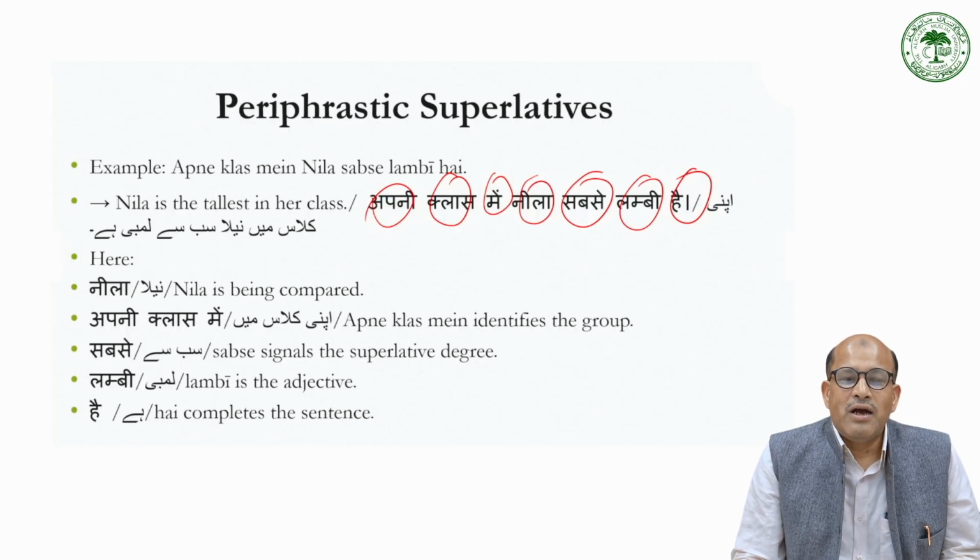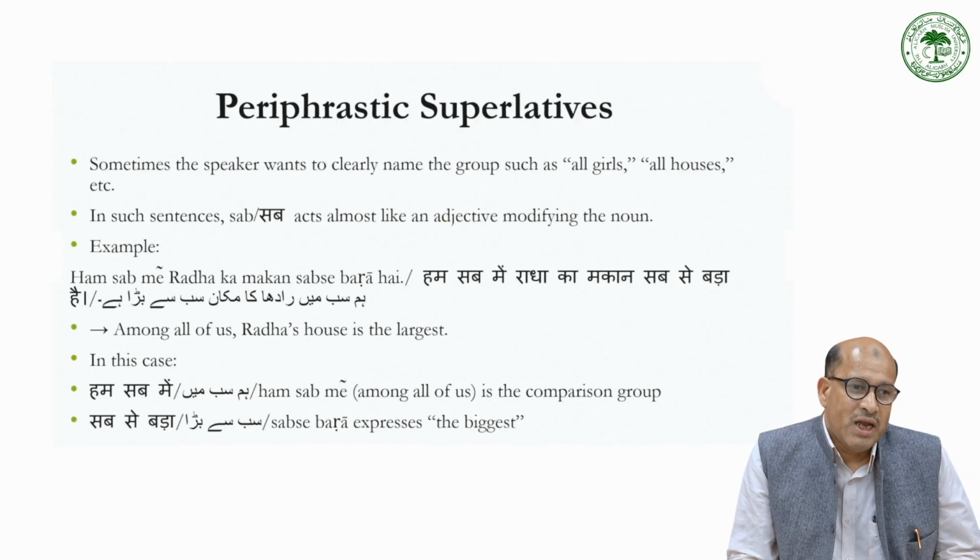So अपनी क्लास में नीला सबसे लंबी है. This is how we make superlatives by addressing the group of people.